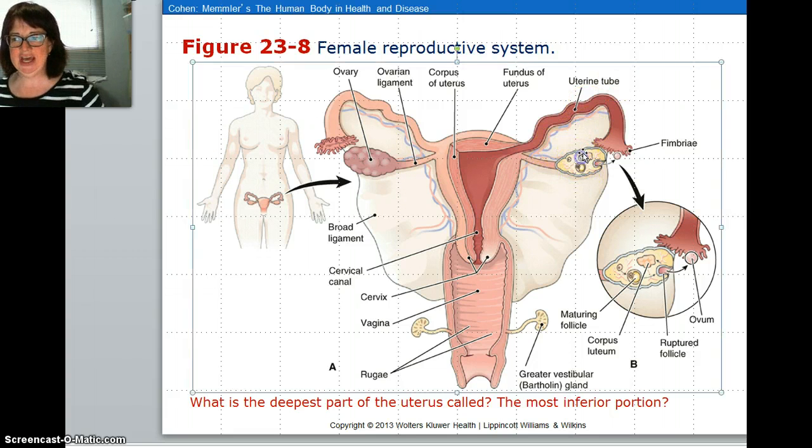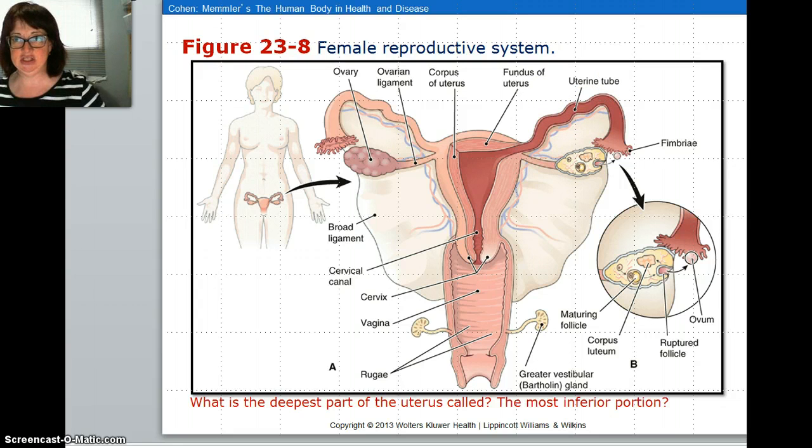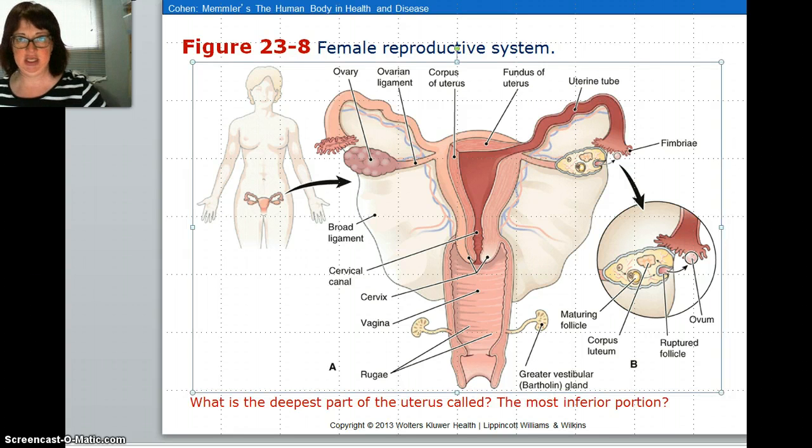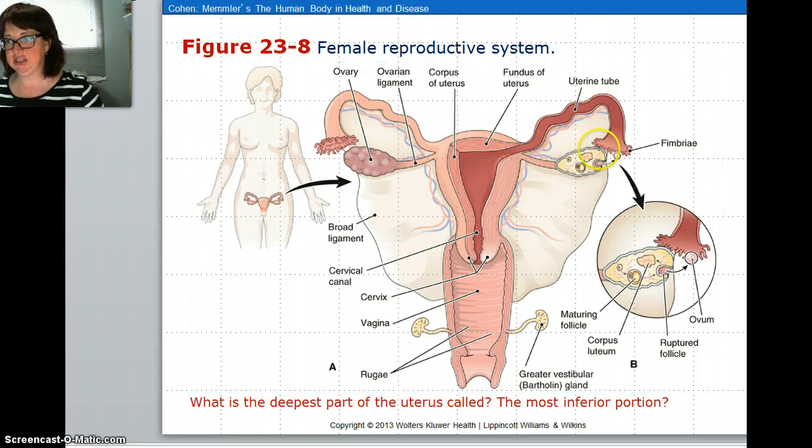So when you look at it, the egg starts to develop in the ovary. Let me just get my pen turned on here. So the egg starts to develop in the ovary. Now notice when it starts as a follicle, and then the follicle will develop.